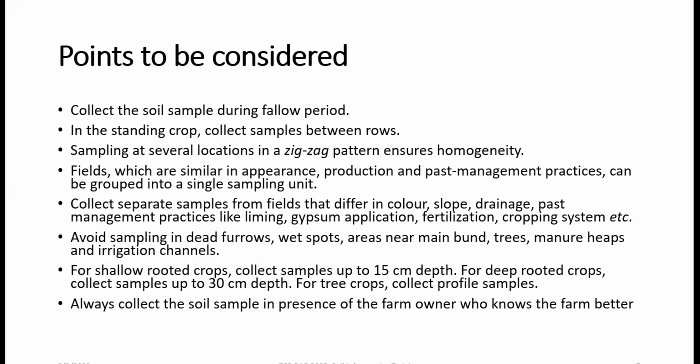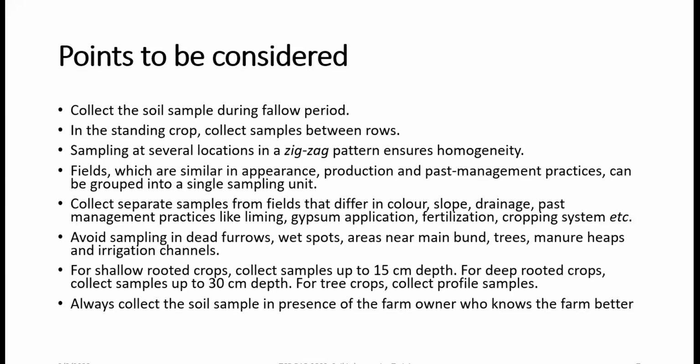Also, there are some points to be considered. Normally collect the soil sample during the fallow period, not within the growing time, because during the growing time you add fertilizers, you add other amendments, lime, gypsum, so this will interfere with the inherited characteristics of the soil. If there are crops, collect samples between rows.